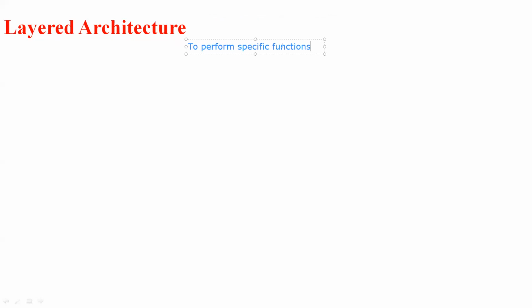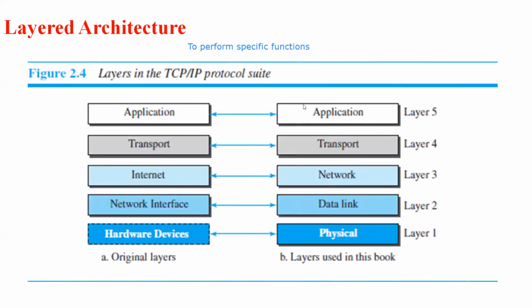As I said, currently we have 5 different layers in TCP/IP. These are the 5 different layers of the TCP/IP protocol.